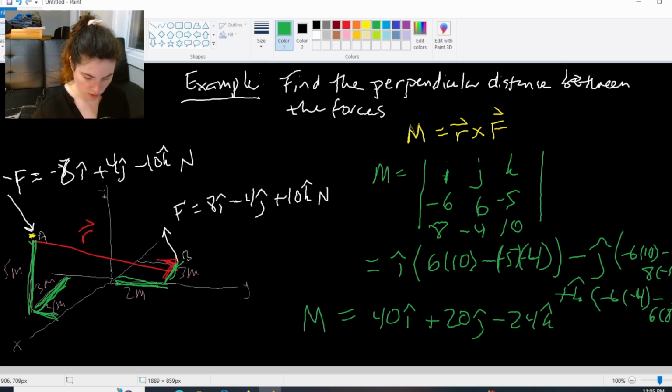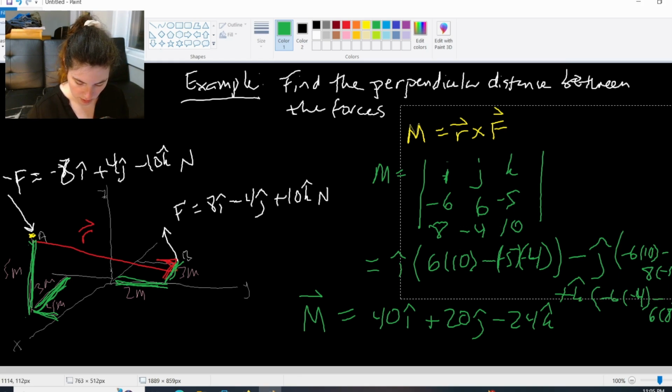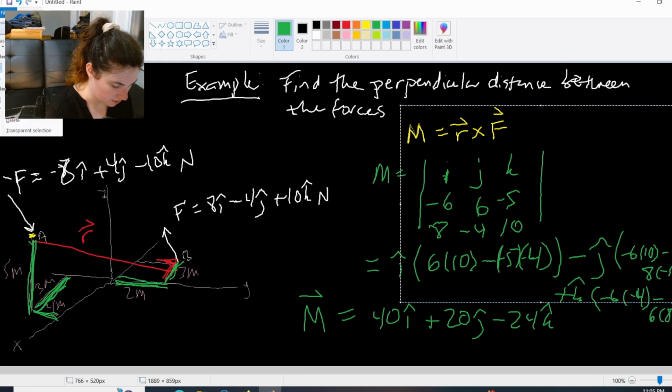So this is the moment. This is it in vector form. We can find the magnitude of the moment and divide by the magnitude of the force to get d, from our moment equals F times d formula. Let me move this stuff out of the way.